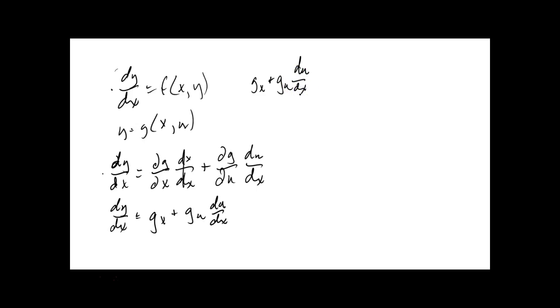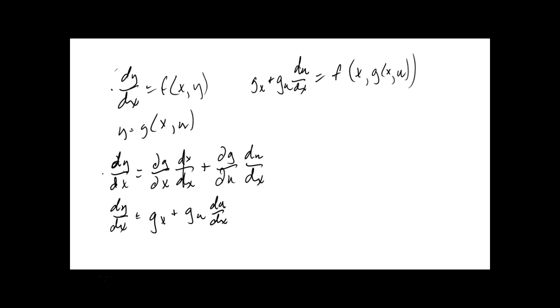That's the left-hand side. And your f is then written as f of x, comma, g of x and u.